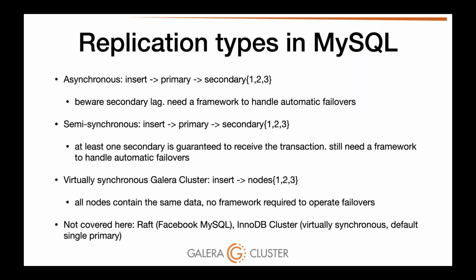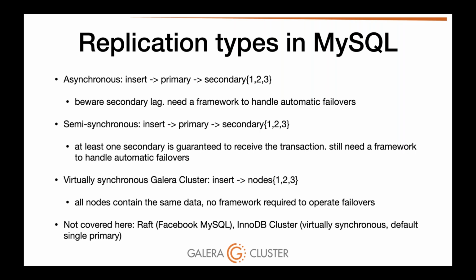So first and foremost, let's talk a little bit about the replication types that are available in your typical MySQL. We of course have what is very commonly utilized by many people, the asynchronous replication, where you have a primary and it writes to either one secondary or two secondaries or three secondaries and so forth.